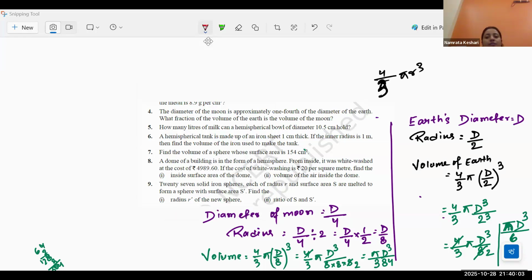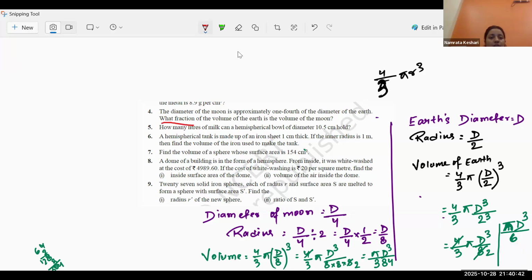Now we will be finding the ratio between the volume of earth and the volume of moon. Let me check how it is asking the ratio. What fraction of the volume of earth is the volume of moon? You can find the ratio either earth by moon or moon by earth, but at the end you have to give your answer in this manner.